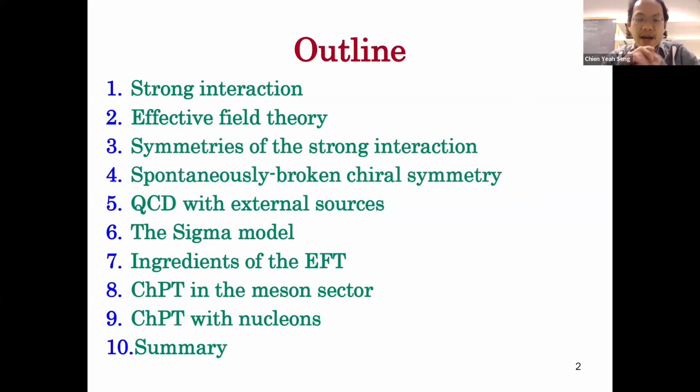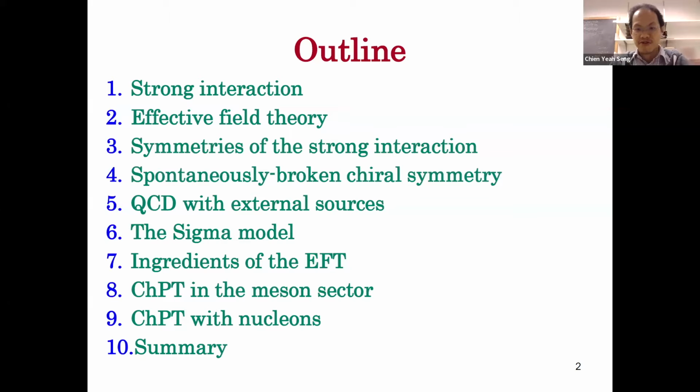I will introduce the strong interaction and explain why it's very difficult to deal with at low energy, and introduce the concept of effective field theory. And then we want to build an effective field theory based on the symmetries of QCD, in particular the spontaneously broken chiral symmetry, which I will explain.